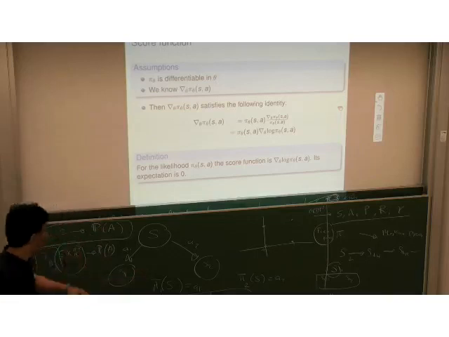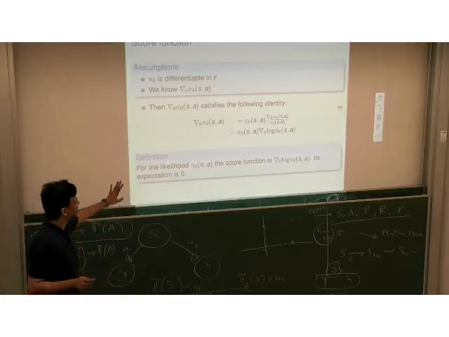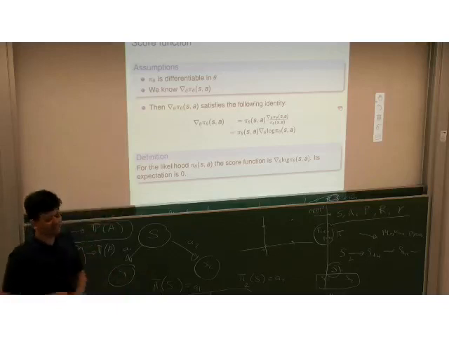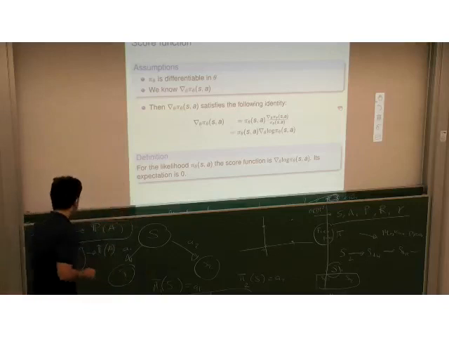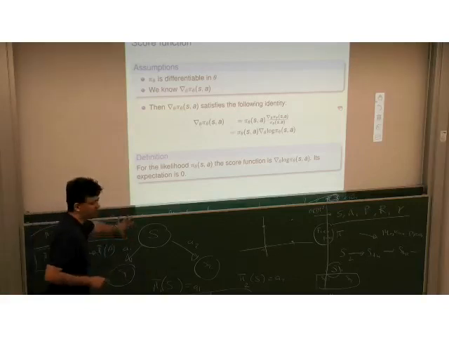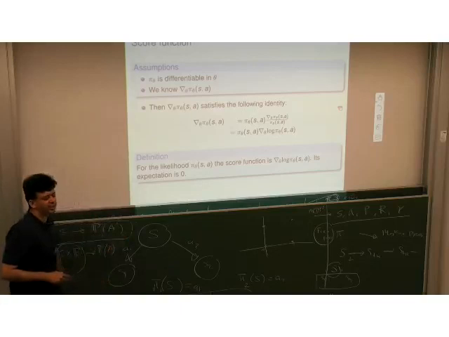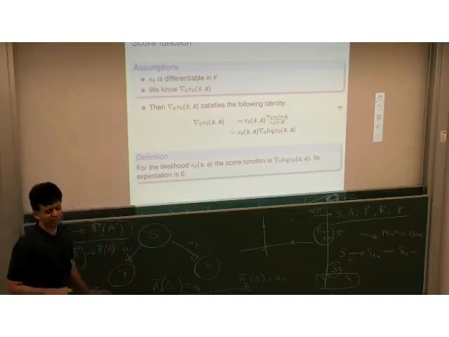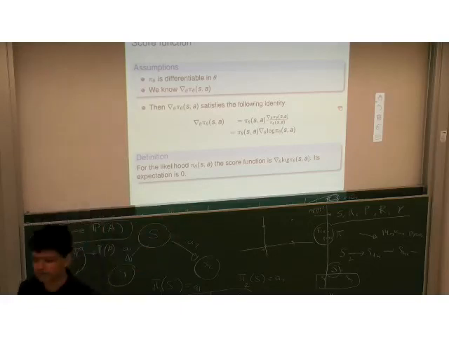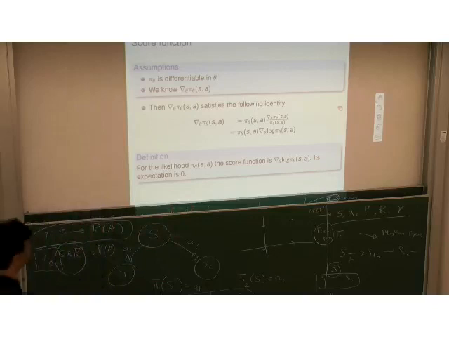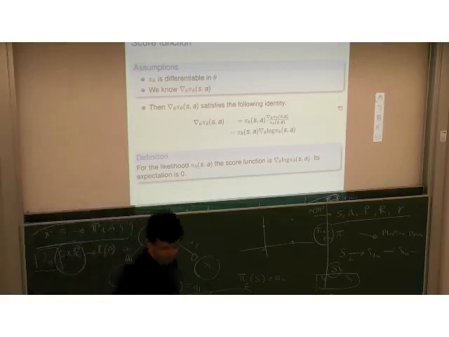If that happens, the score has always zero expected value. This is not just for this. If you have a map like this in any probability space in a parameter, you take the gradient, you call that thing a score, and that will have zero expectation. But we'll only consider our specific example with policies. Okay, so this is the score function for the policies, which is written up there.